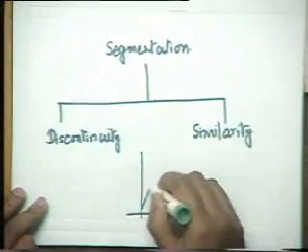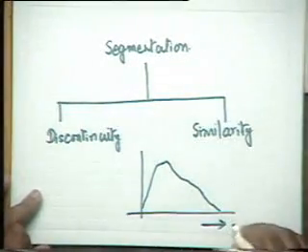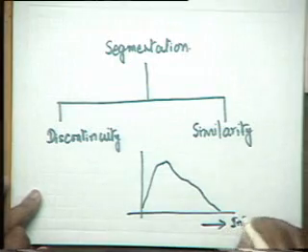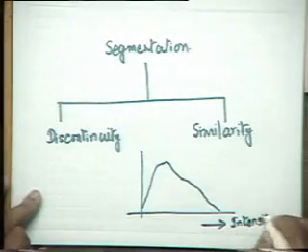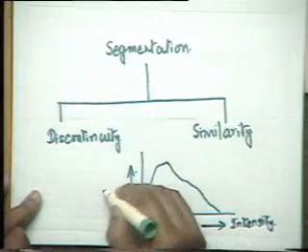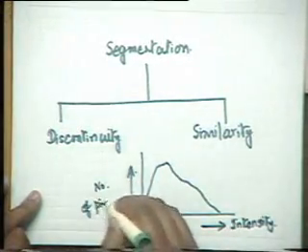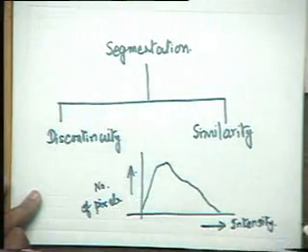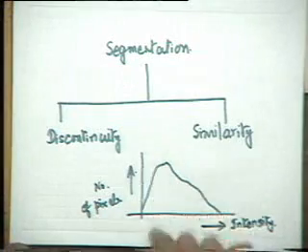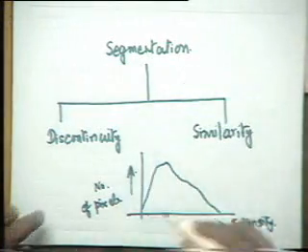Supposing the histogram is something like this. Histogram means on the x-axis we have the pixel intensities, and on the y-axis we have the number of pixels, or rather the population of pixels, and then we can subdivide this histogram into a few known zones.